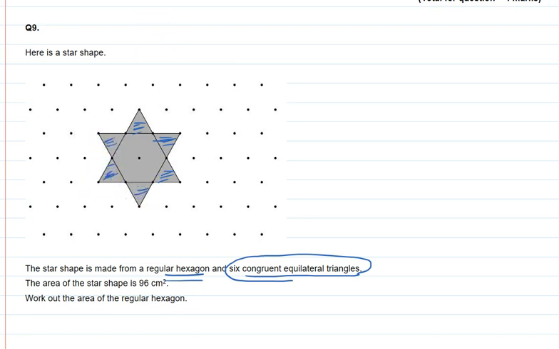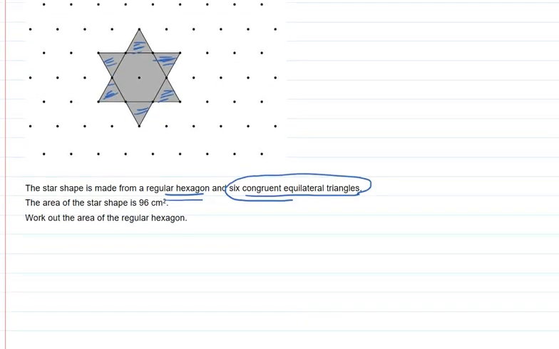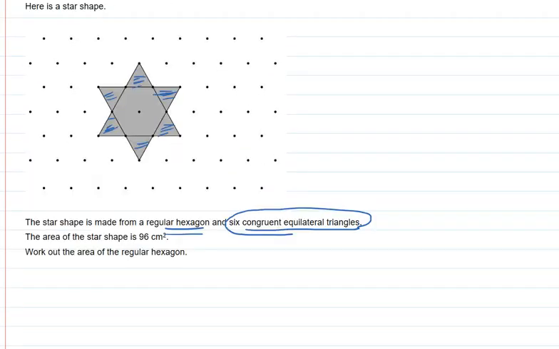Now, if we join them, let's join them from this triangle to this triangle. So 6, this is 7, 8, 9, 10, 11, and 12. So total triangles we have 12.